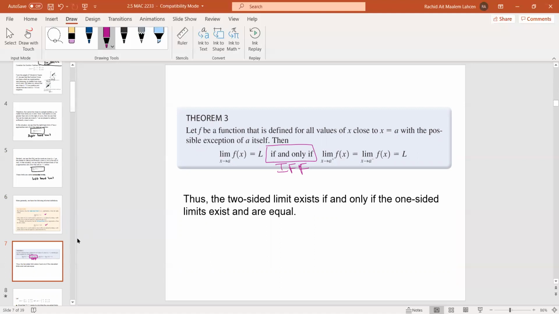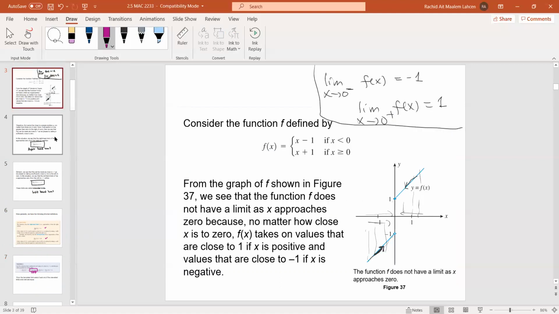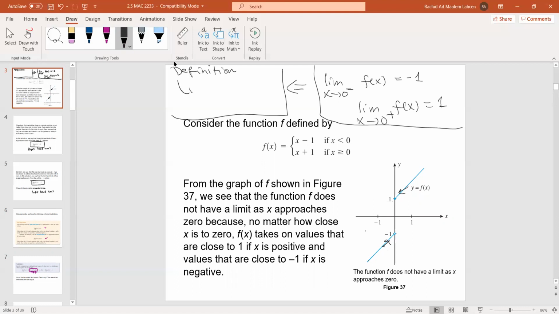So going back, the conclusion, based on the definition: the limit as x approaches 0 of f(x) does not exist.